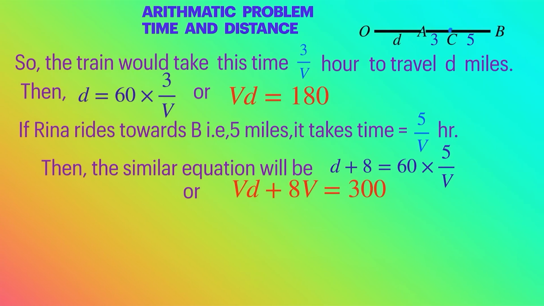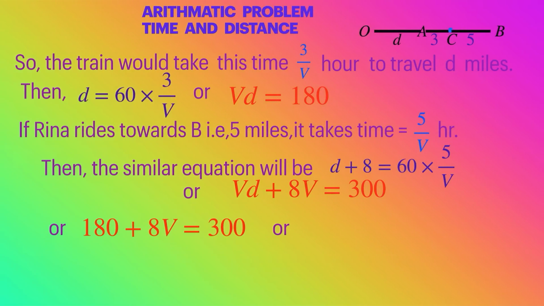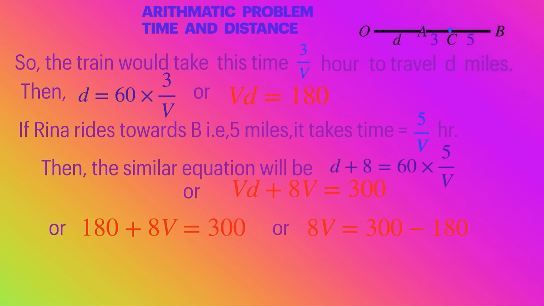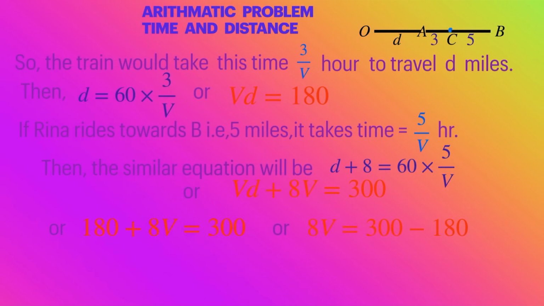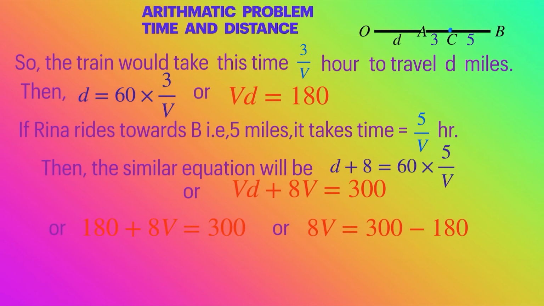So putting the value vd equal to 180 in this equation, we get 180 plus 8v equal to 300, or 8v equal to 300 minus 180.